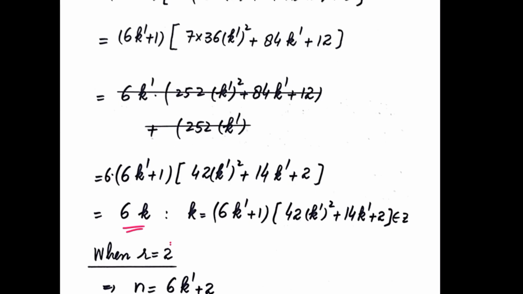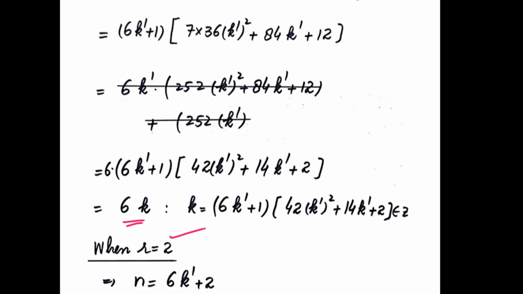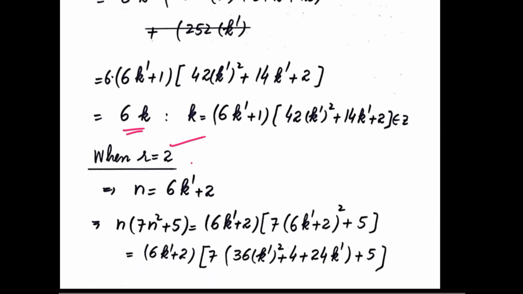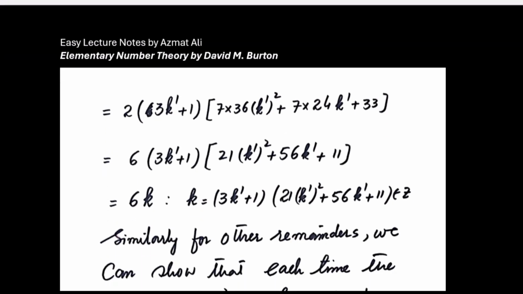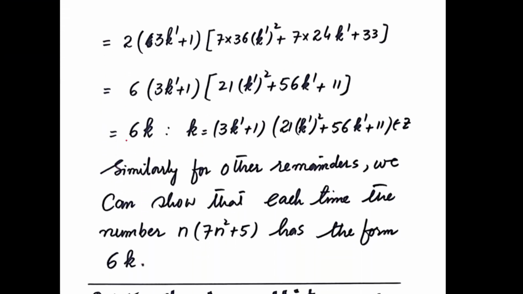When r is 2, n is 6k dash plus 2. By putting this value of n here and after some calculation, I reach 6k. Similarly, for other remainders, we can show that each time this number has the form 6k.